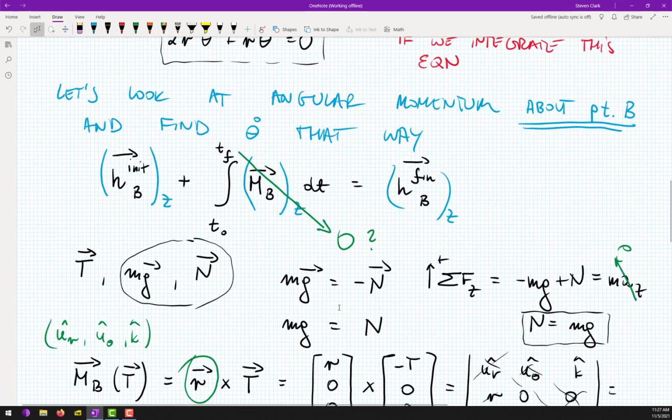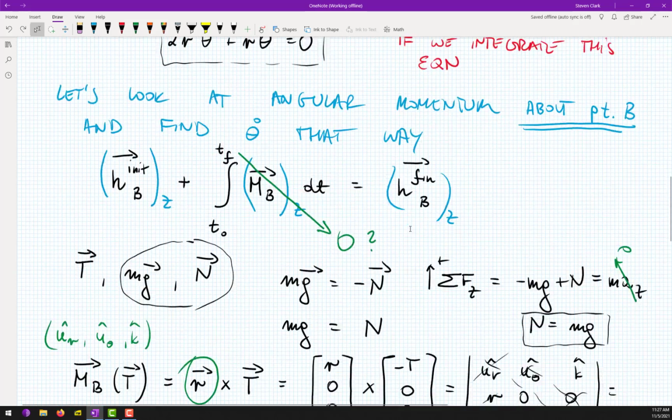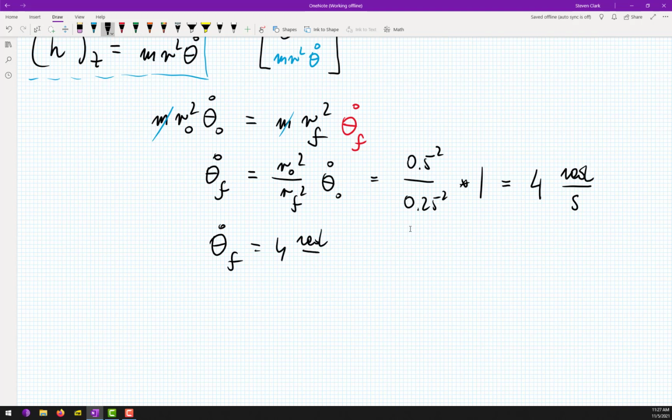It's 1, times 1. If you grab your calculator, you will obtain that this is 4 radians per second. So probably you don't have to grab your calculator at all. Theta final dot is equal to 4 radians per second. This is our answer to part B.